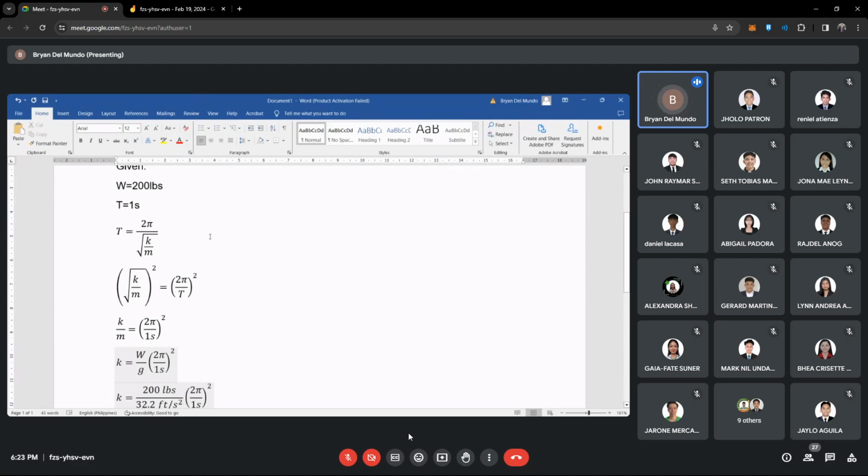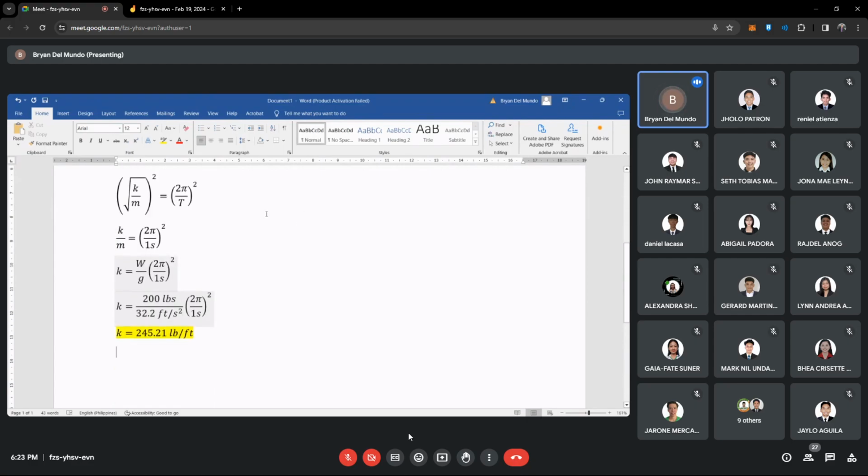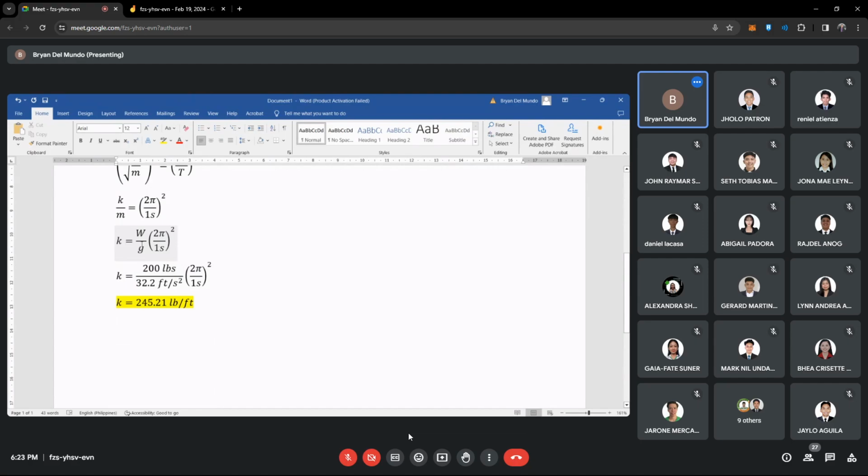So we use a formula, period is equivalent to 2 pi over square root of k over m. And then we try to derive the formula so that we can get the value of k. Then we just transpose the mass. Then since our given is weight, we just divide it by the value of the gravitational constant.